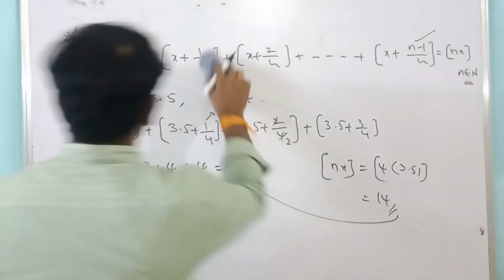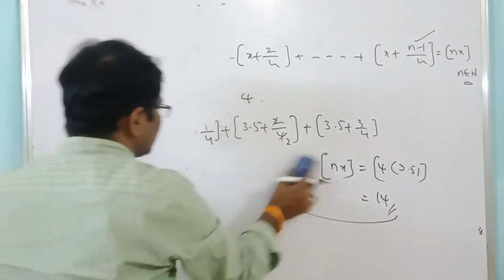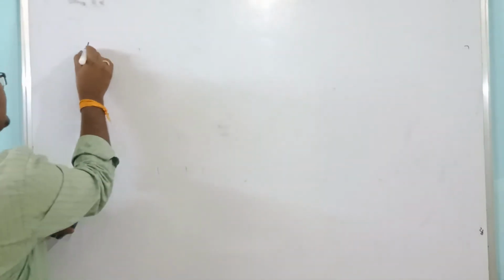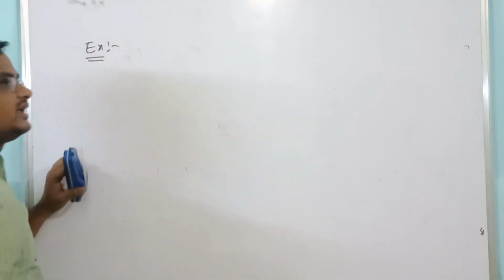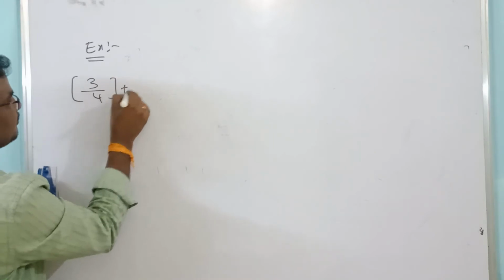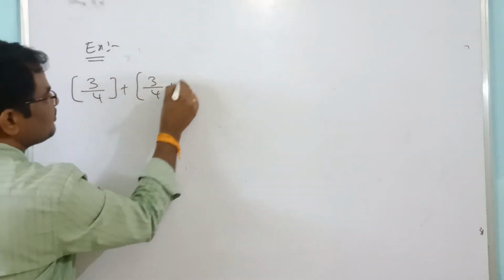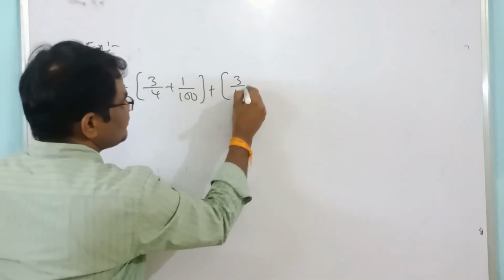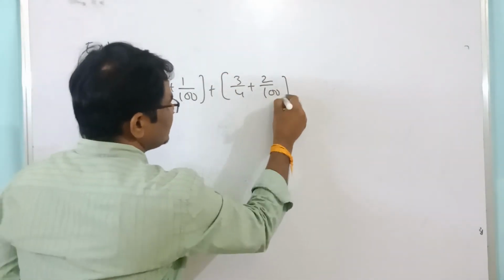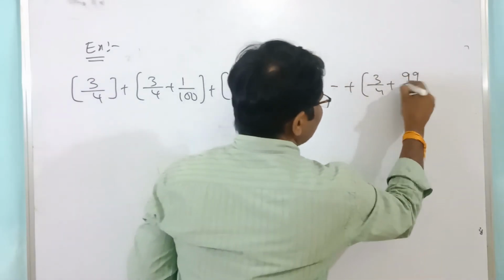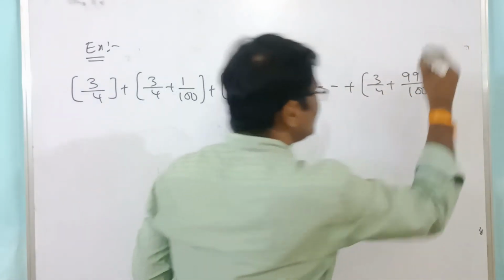Right? Now for this one, I will take one more example. Generally, how to solve this type of problem whenever they give this type of problems. Second example, on the 11th one, you take. Suppose they gave floor of 3 by 4 plus floor of 3 by 4 plus 1 by 100 plus floor of 3 by 4 plus 2 by 100 plus, etc., plus floor of 3 by 4 plus 99 by 100, equal to what they ask.